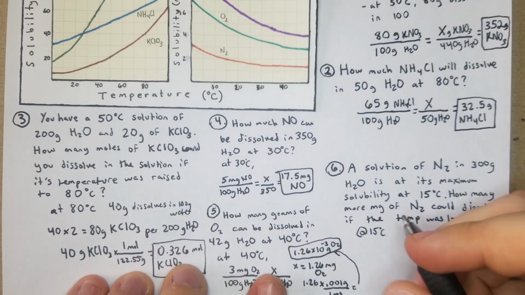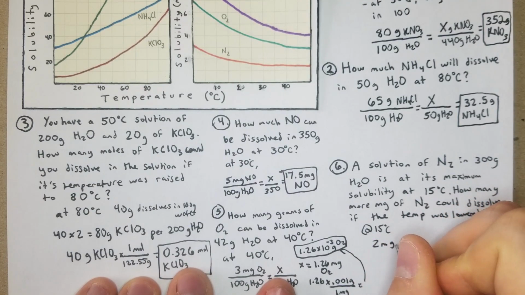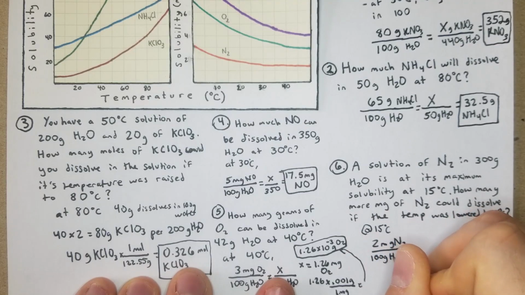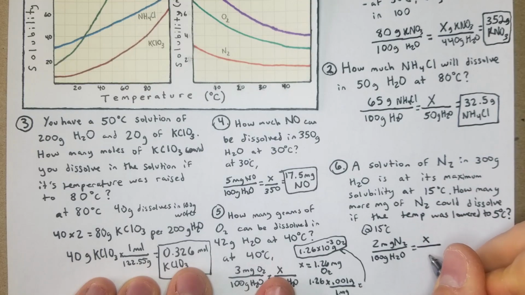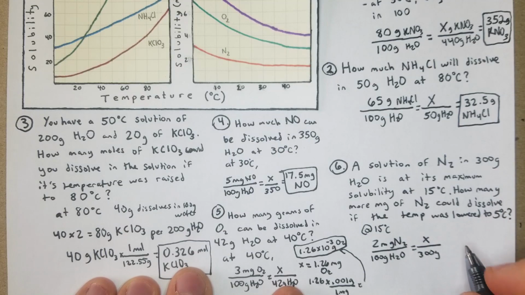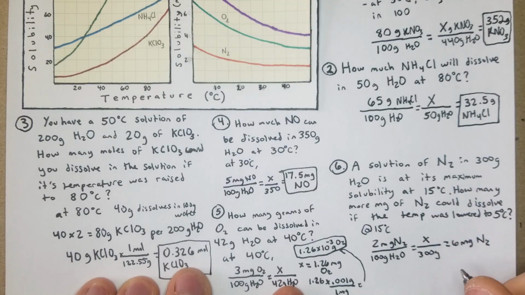So we have 2 milligrams of N2 over 100 grams of water equals X over 300 grams, because that's what we're looking for. So then we just cross multiply and divide. And this one you probably can also do in your head, but it's going to be 6 milligrams of N2.